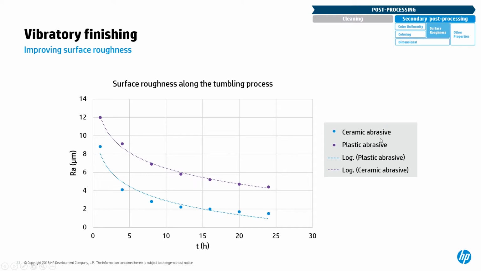And depending on the abrasive used, the outcome of the part can be different. So, for example, as you can see in the graph, the plastic abrasive is less aggressive than the ceramic one.